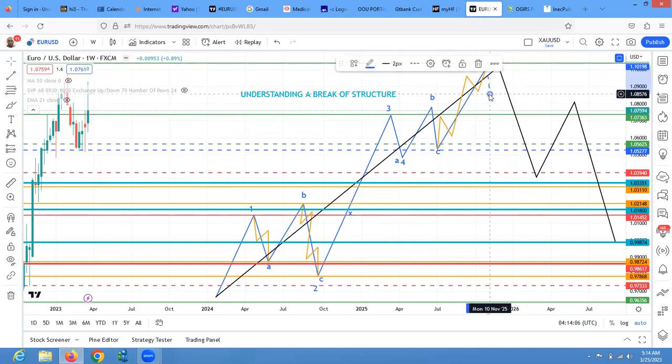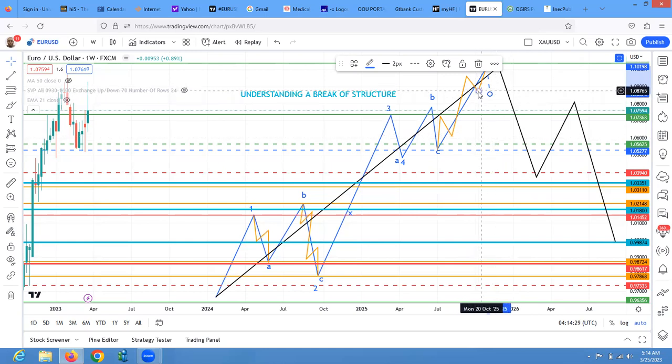That is when you say, oh, the structure is broken. So when the structure is broken, you're going to look for a retracement to sell. So you don't wait until you get here. This structure is broken, 4 is broken, then you don't wait until the 5 is broken before you begin to go down.